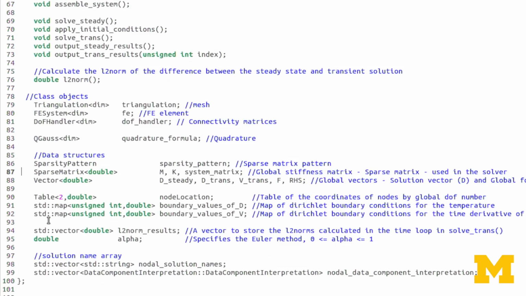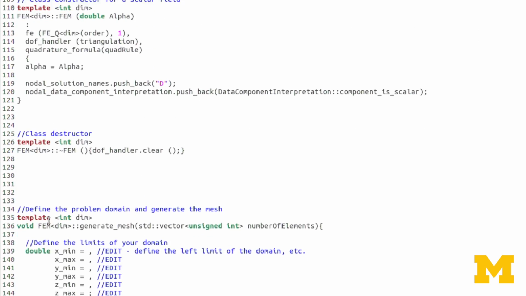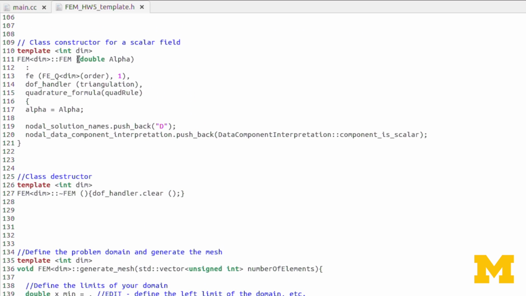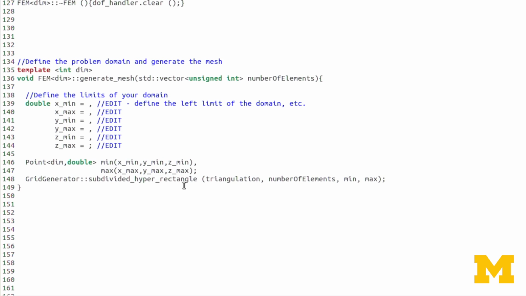Specifying again what Euler method we're using. So if we scroll down to the constructor, again, you can see we're inputting alpha and storing that within our class variable alpha. And if we scroll down to generate mesh, this again is exactly the same as previous assignments, where again you just need to define the limits of your domain.